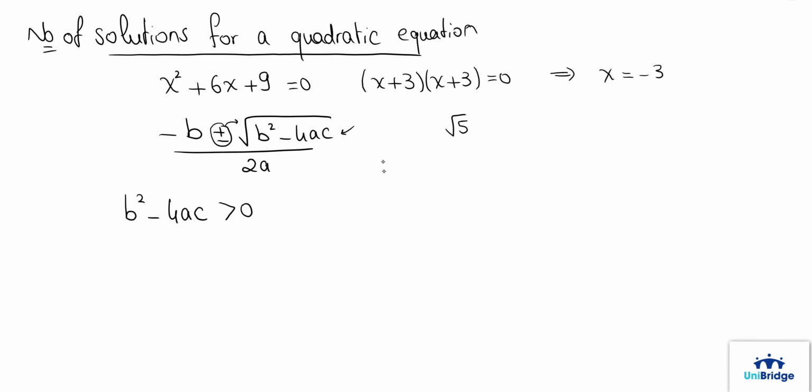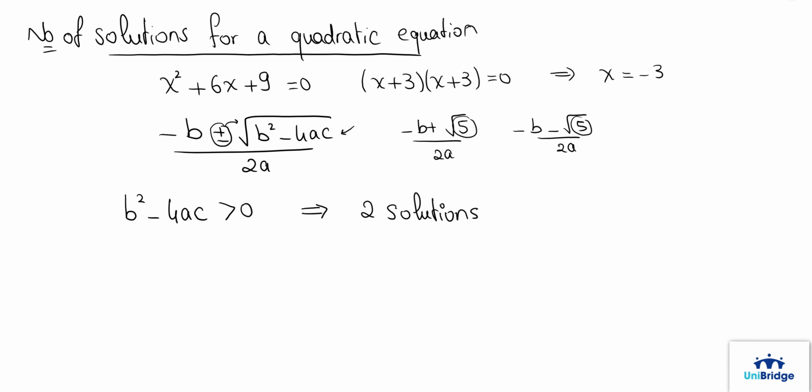You're going to get negative b plus root 5 over 2a, and the other time negative b minus root 5 over 2a. If whatever is under the root is positive, then adding the square root is going to be very different from subtracting it. So you're going to get two different answers, two solutions.